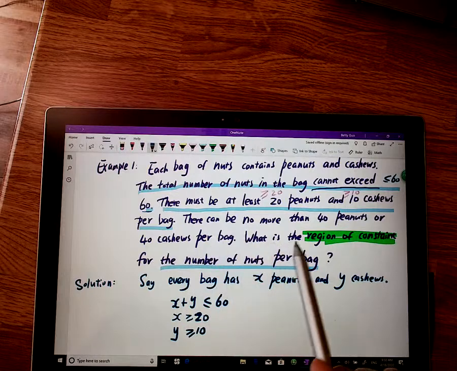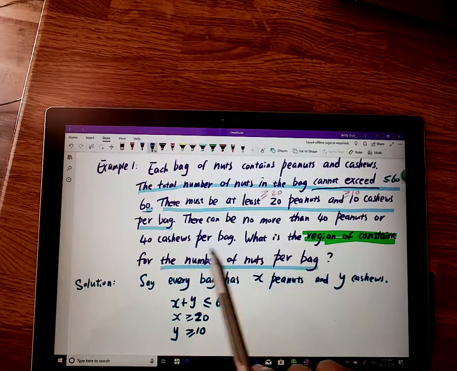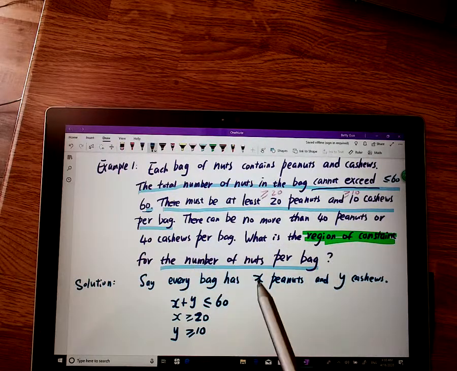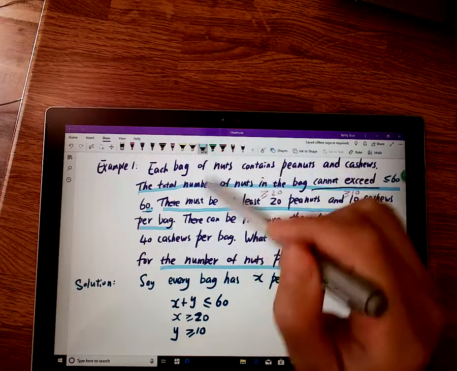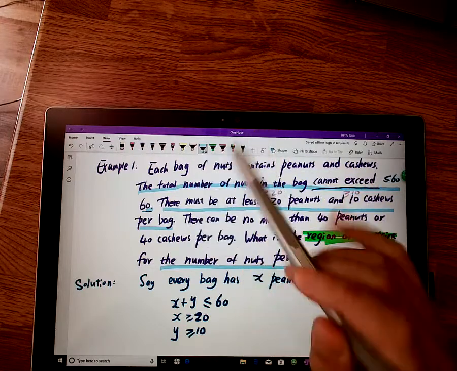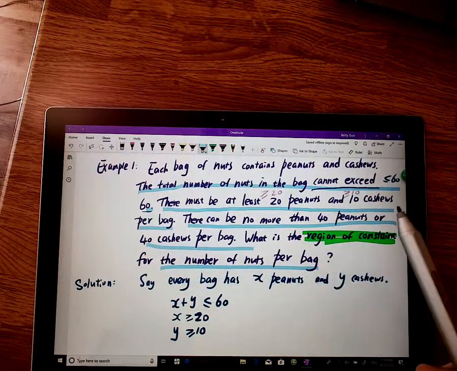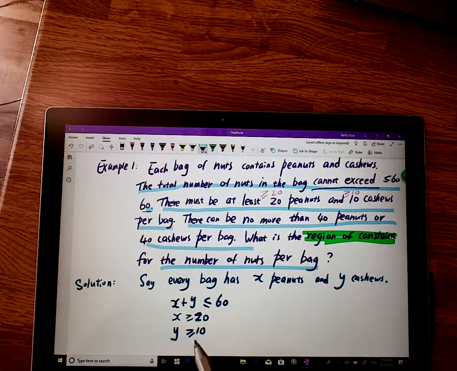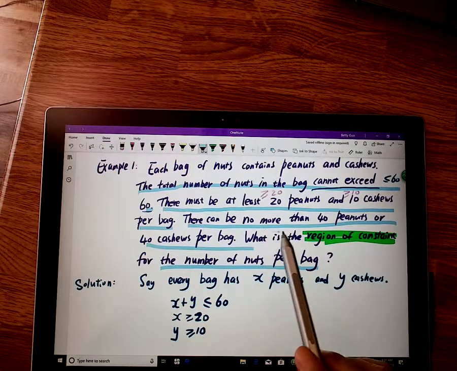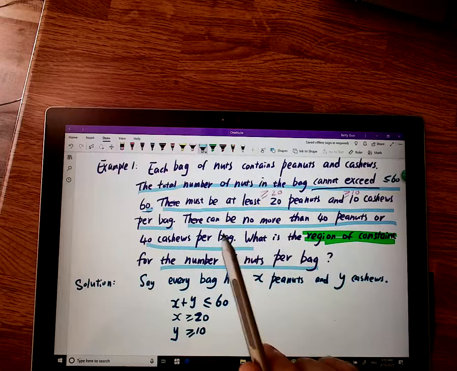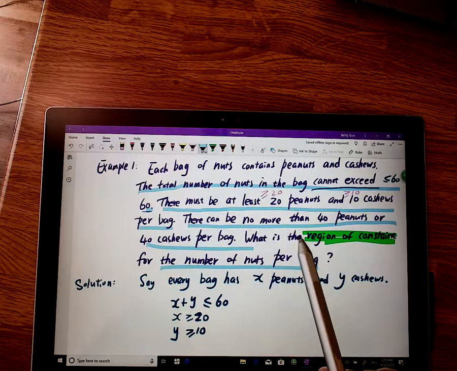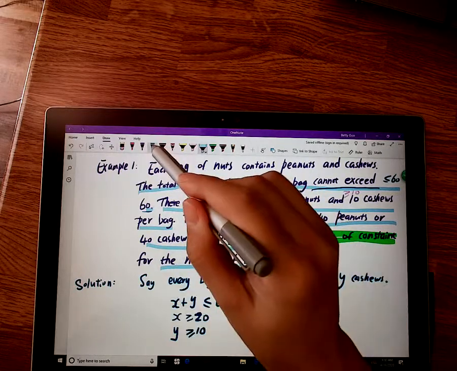There can be no more than 40 peanuts or 40 cashews per bag. And this sentence actually tells us the upper bound for the number of peanuts and cashews in every bag. X is the number of peanuts in every bag. It can be no more than, which would be less than or equal to, right?